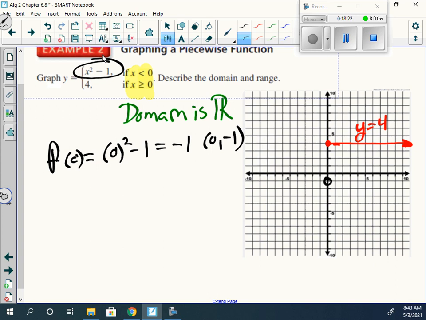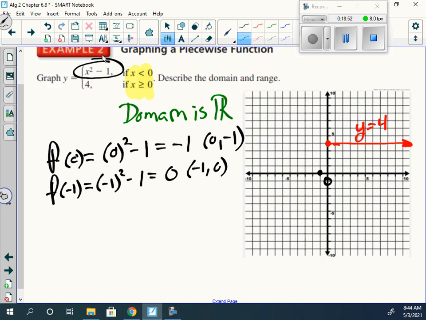Now, I'm just going to grab points going to the left that make the statement true. So we can say f of negative 1, which would be negative 1 squared minus 1, which is 0. So we'd have the point negative 1, 0. And this time I would put a solid point because this number is true.